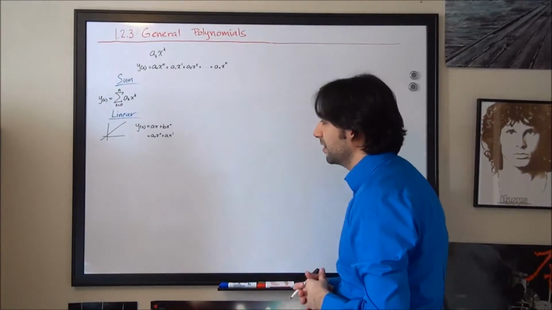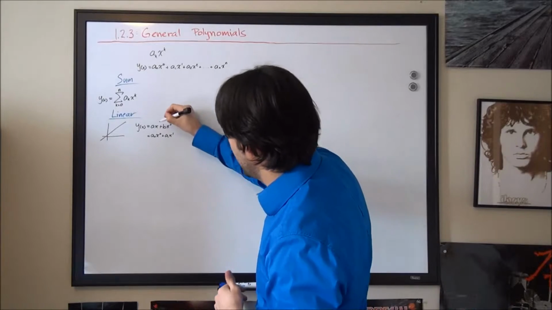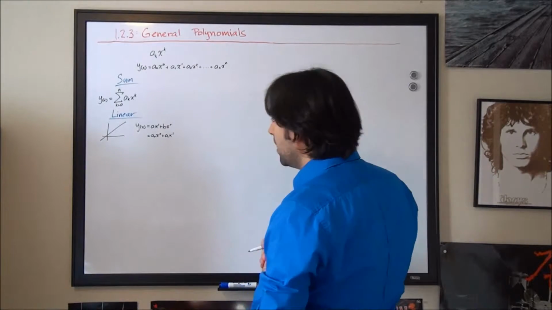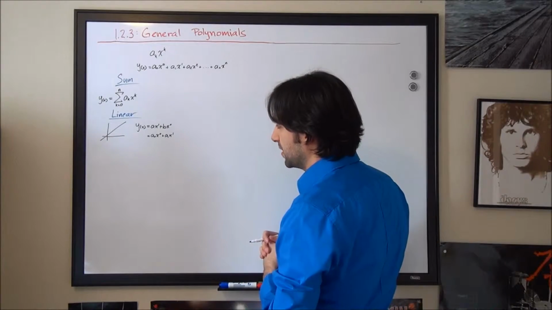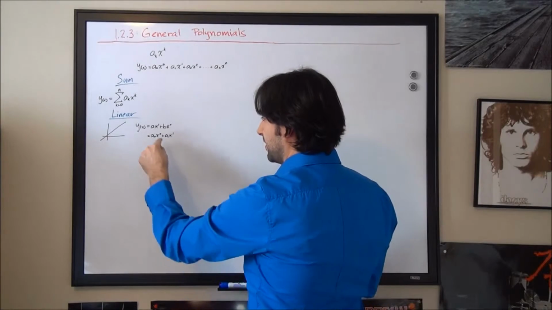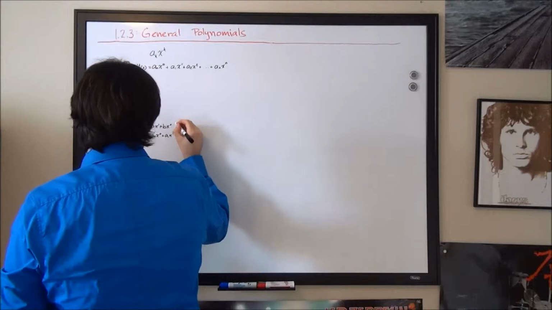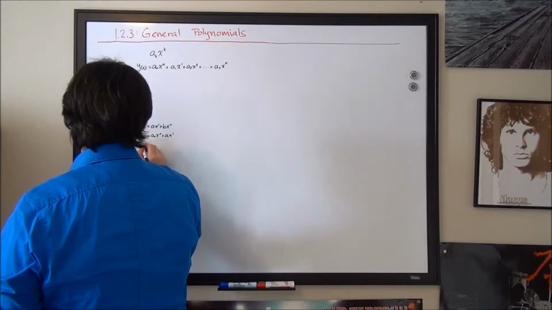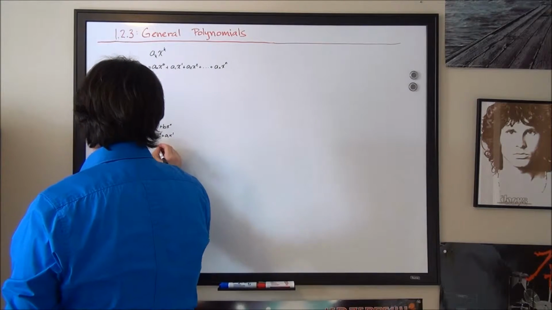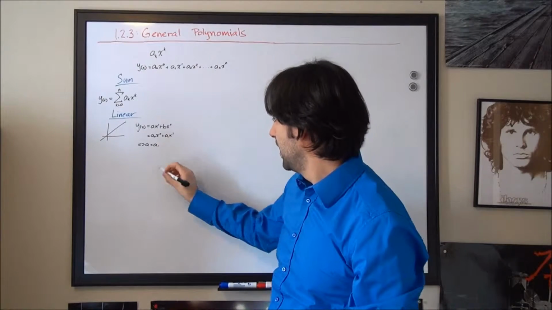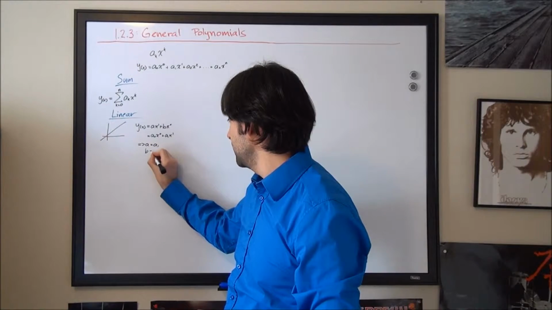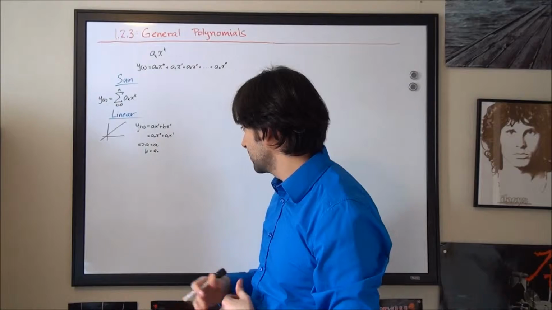Now, by comparing like coefficients, remember that x is just x to the power 1. By comparing like coefficients here, we can see that a is equal to a1, and we can extract that b is equal to a0.